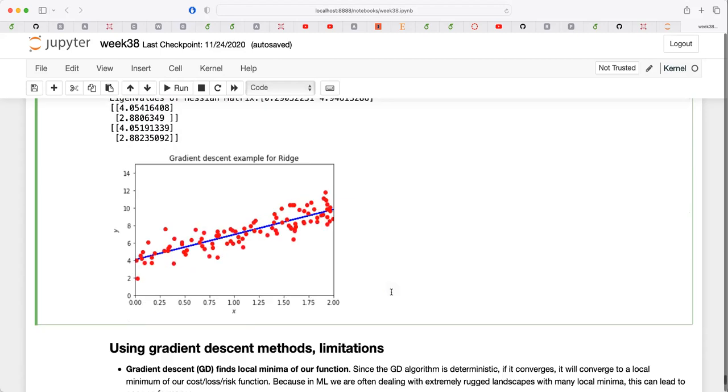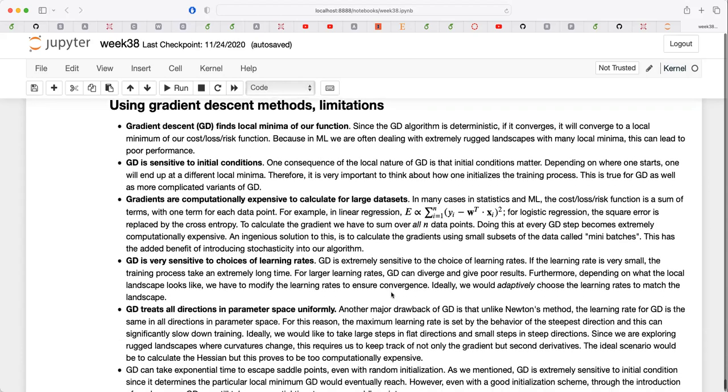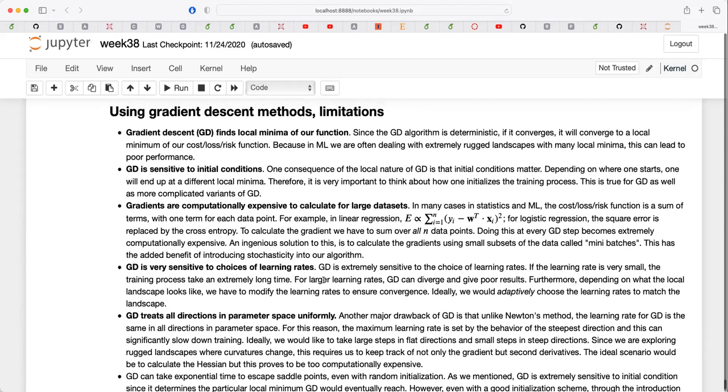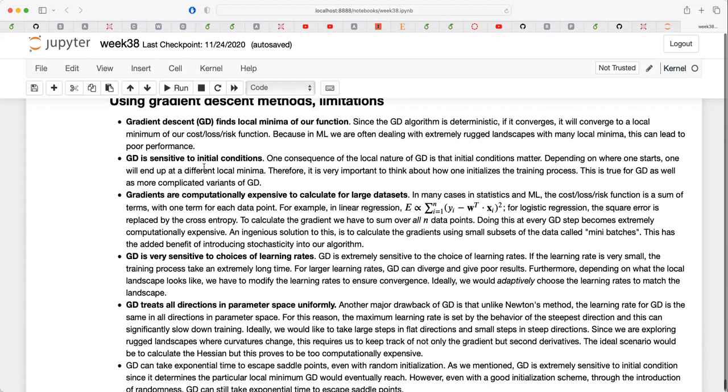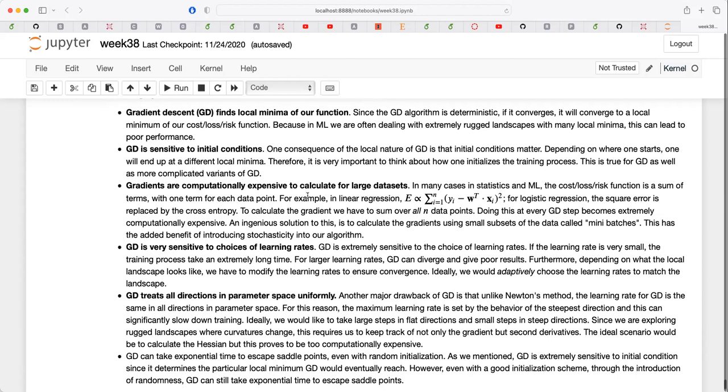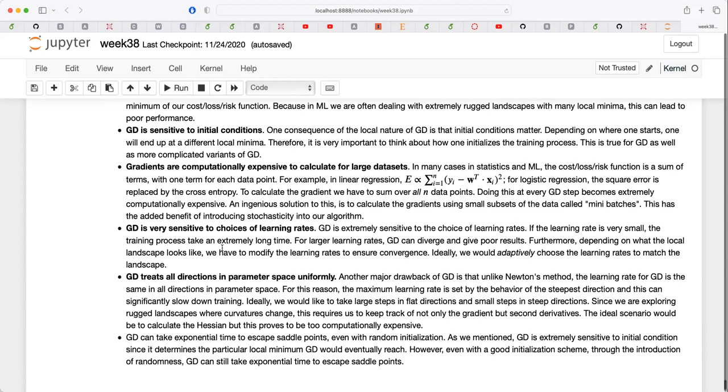Before we stop here, there is a kind of shopping list on using gradient methods and their limitations. One of the things to take away is that gradient descent is very sensitive to initial conditions. These methods are also computationally expensive to calculate for large data sets. They are very sensitive to the choices of learning rates.